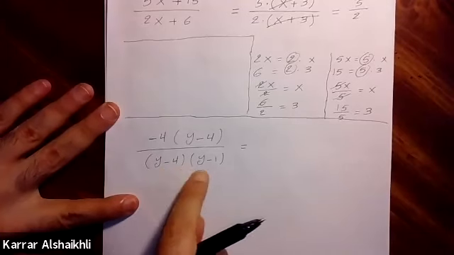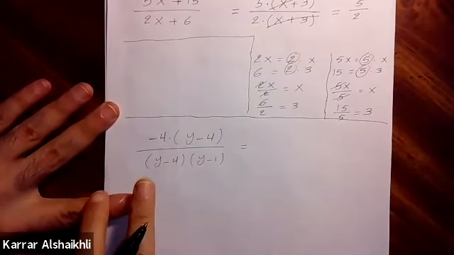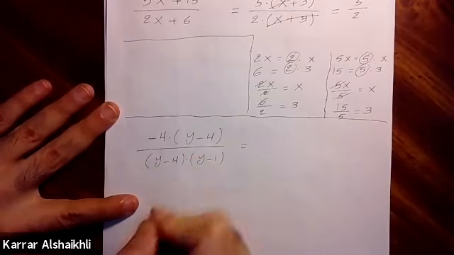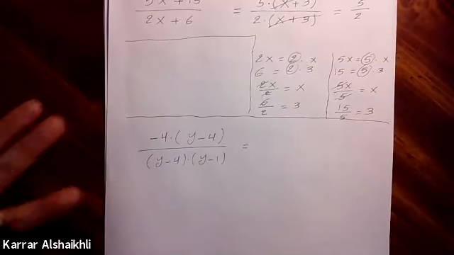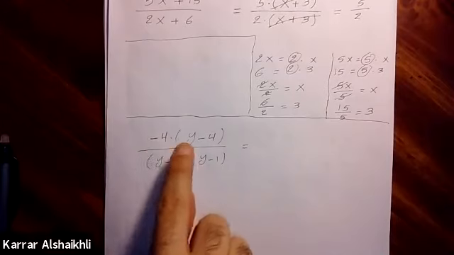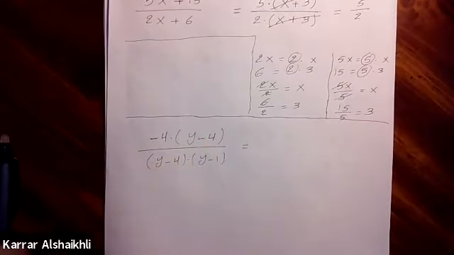Multiplication. What about the two parentheses? That means the operation between these two parentheses is also multiplication. So this is the condition: you can cancel the terms if you have multiplication between a number and parentheses and multiplication between two parentheses.